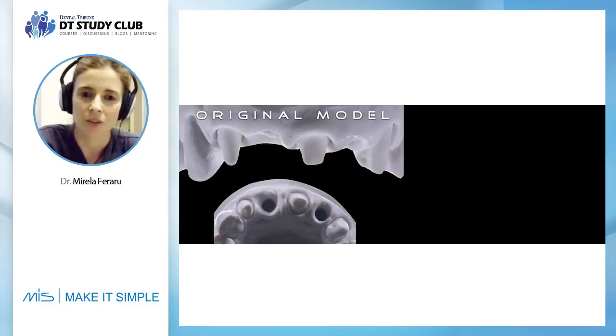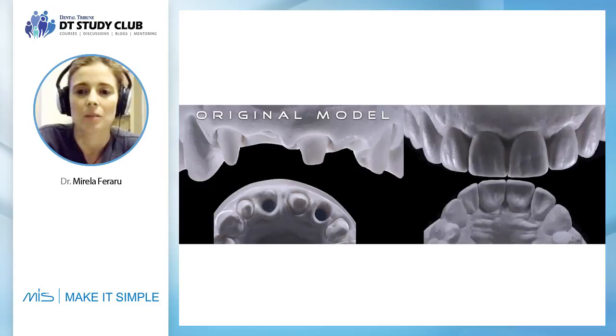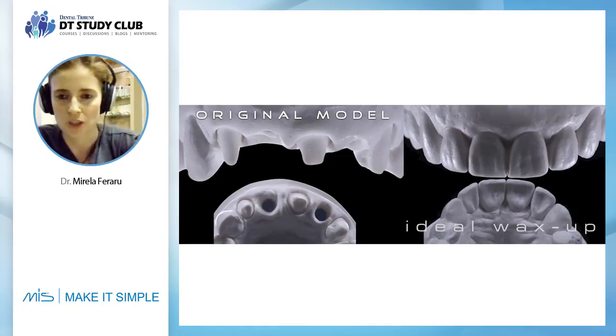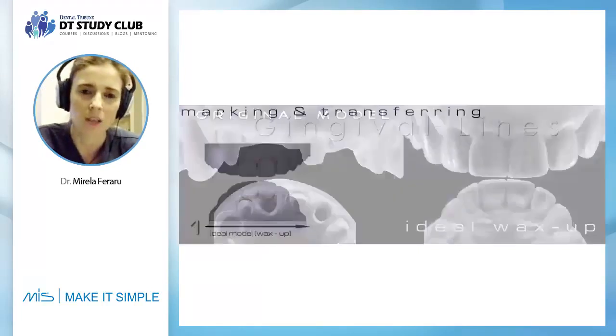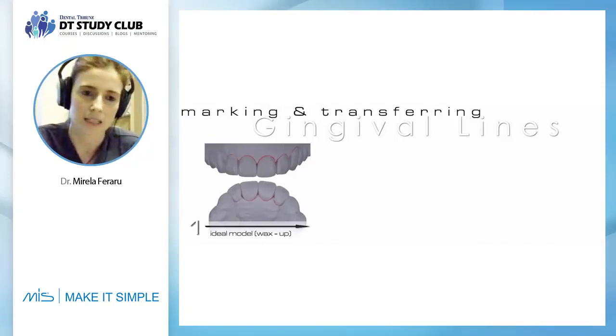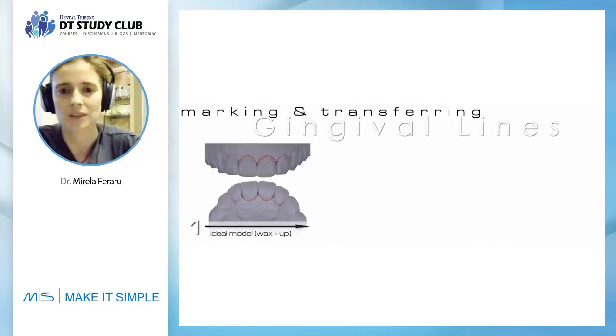He will have now an original model that represents the clinical situation that we have in our patient's mouth. But we have, as always, an ideal wax-up that emphasizes what we would like to achieve. So he will transfer from the ideal wax-up to the working model the gingival line.